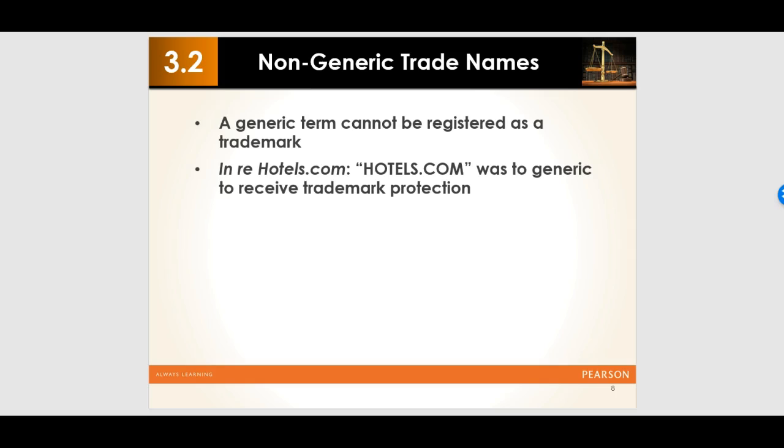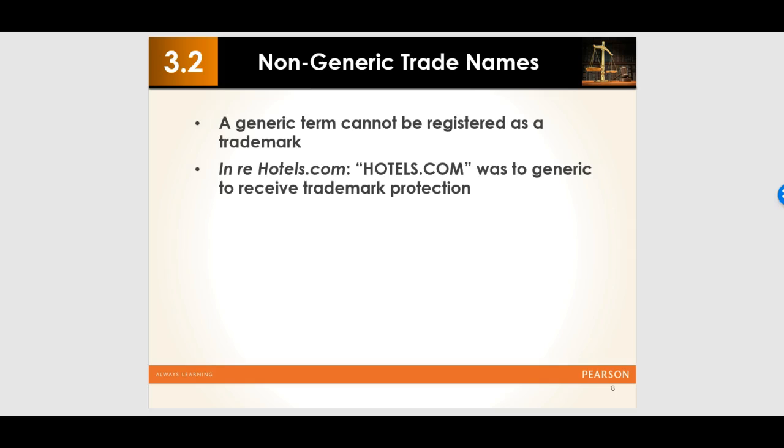You can still use it, but you don't have protection in terms of preventing others from using this generic term because it's generic. It cannot be registered. Like hotels.com, they tried to have this registered as a trademark, but the USPTO, the US Patent and Trademark Office, said no, this is too generic, and the company went to court to try to reverse this decision from the USPTO, and they were not successful.